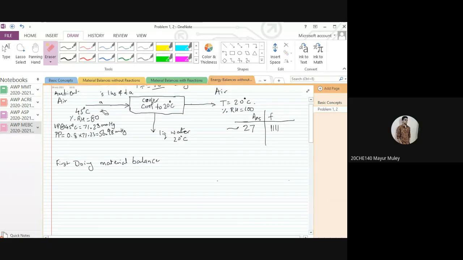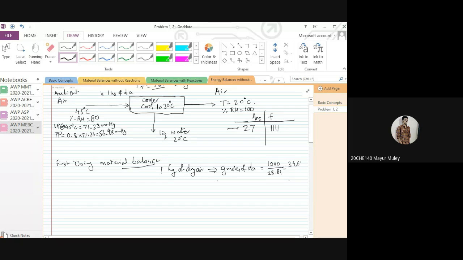Okay, fine. That is a good idea, Mayur. I fully agree. It is what everybody is comfortable with. So if I take 1 kg of dry air, then I have gram moles of dry air, which is 1000 divided by 28.84.